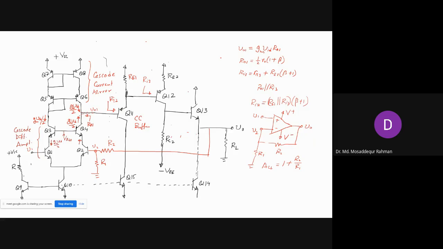For improved performance, we can add the beta helper circuit here. That will be our Q16. That will reduce the error due to finite beta. We have a number of stages, and these different stages will need different amounts of current, right? The current requirement will be different.